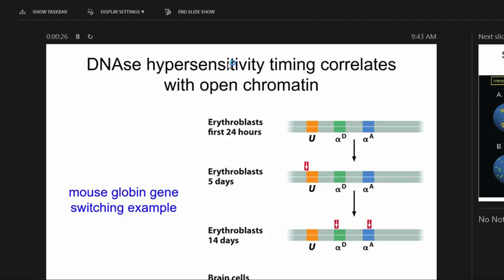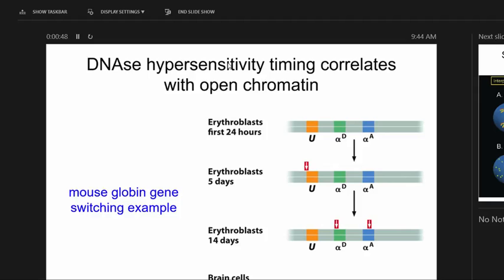So whether a specific piece of DNA that has a gene is actually accessible, or whether it's all compacted in what's called heterochromatin. And we said that here you get a change in accessibility of the genes.